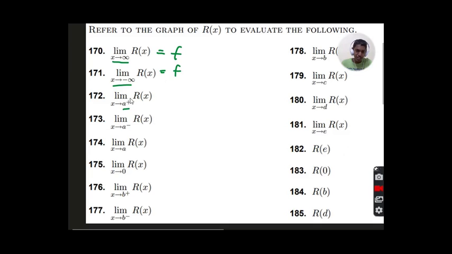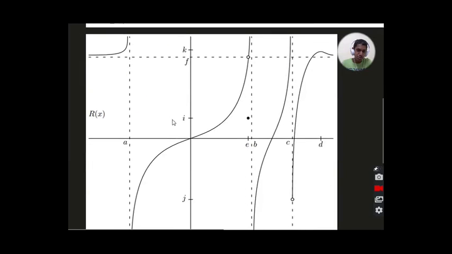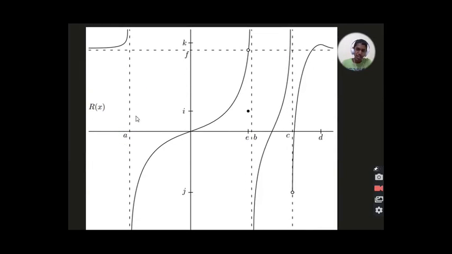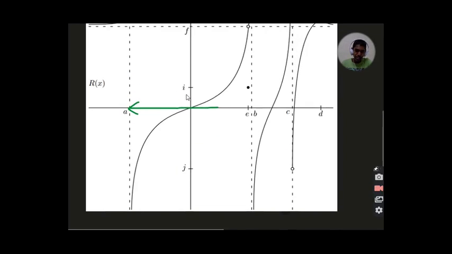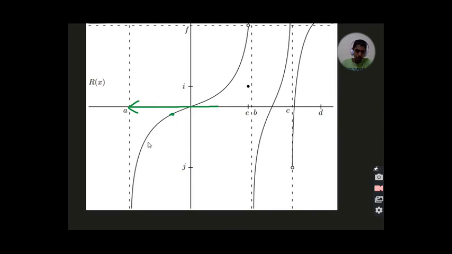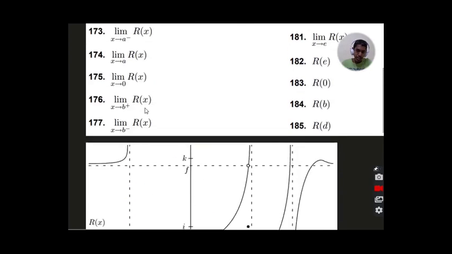Okay, a plus. So what does this plus mean? It means we are approaching a, which is right there, from x values that are greater than a. So where are the x values that are greater than a? Right here. So we're approaching a, so we got to go this way. Where does r of x go as we approach, as shown in this arrow? It appears we're going to go down forever as we approach a.